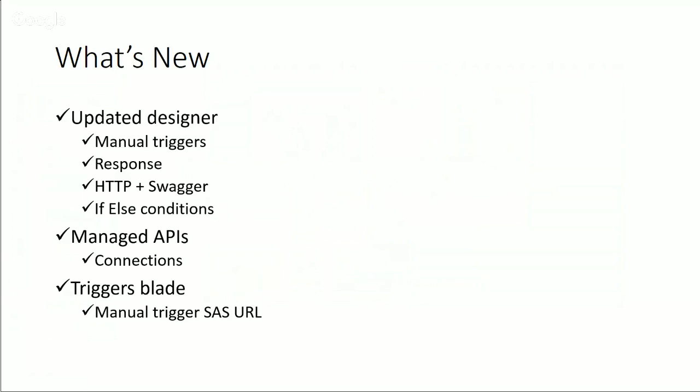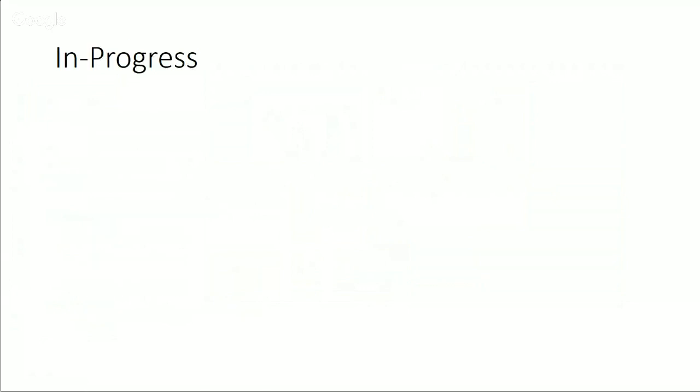And for the manual triggers, we also expose the SAS URL, so you can go right to the portal, copy that SAS URL, and hit run, do a post on that SAS URL, and then it'll work. You don't have to go to Postman to dig out the SAS URL yourself.